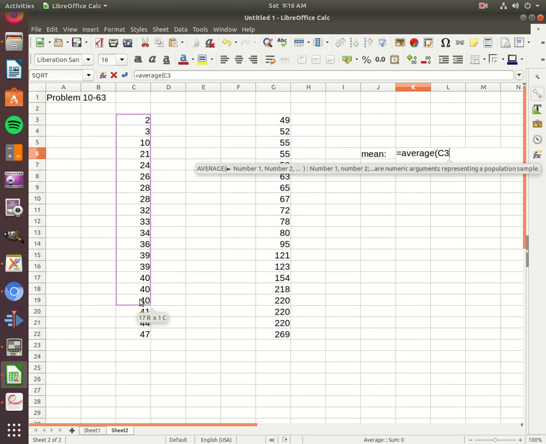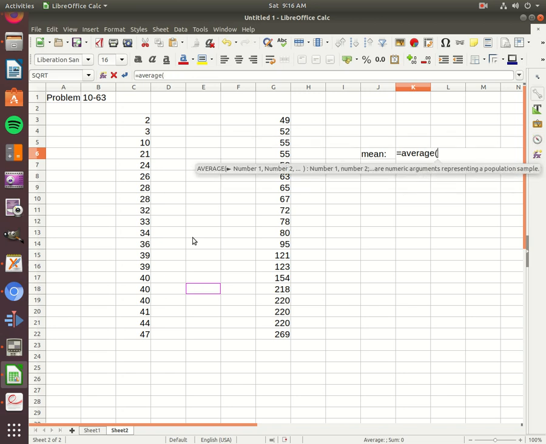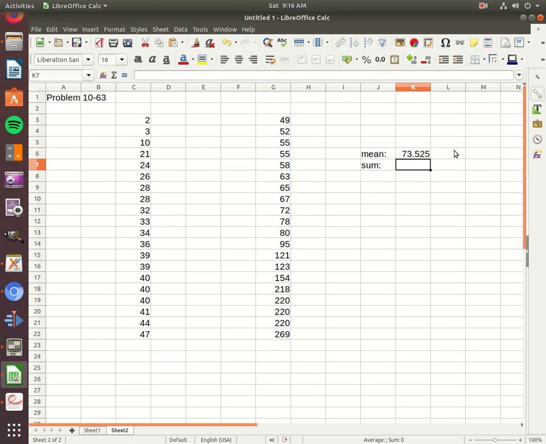I expected it to highlight them all at the same time, and it didn't. So I'll go here, and then I'll go here, and you can see I have C3 to C22 and G3 to G22. I kind of expected to see that purple box remain, and it didn't, so it confused me. So I have my mean.